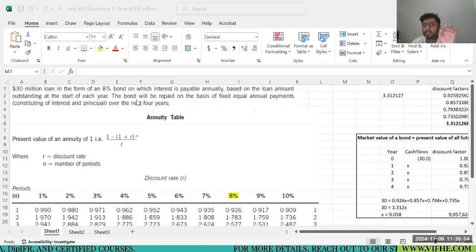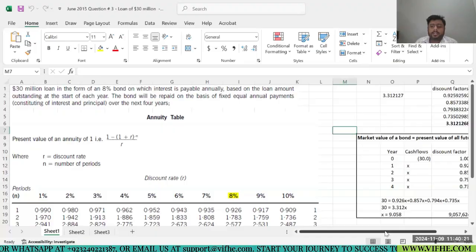But over here, we are dealing with a different scenario, a different case. It is not a case where you pay annual interest and principal repayment at the end of the term. Over here, you are making annual repayments, and those repayments include interest as well as principal, both are included in it. Okay? Are we clear?